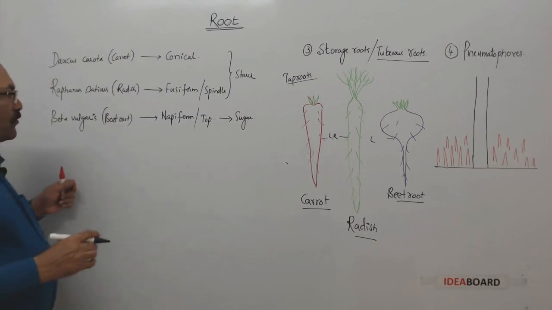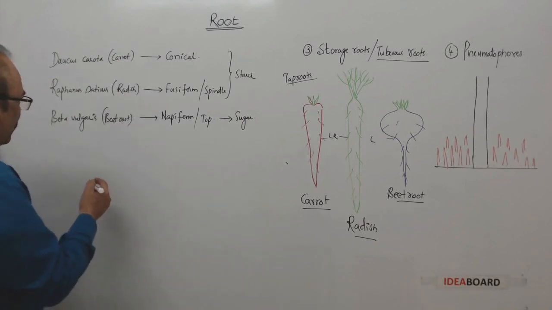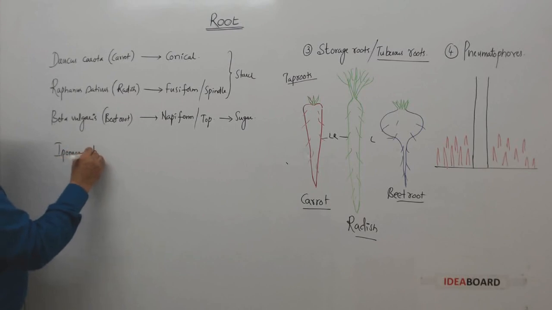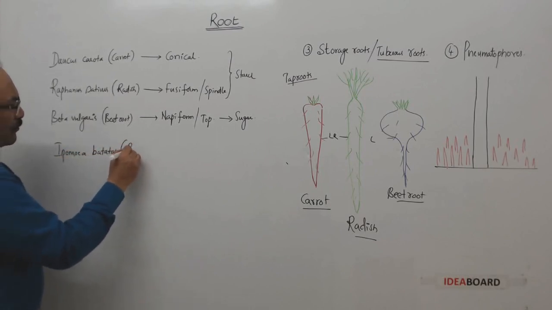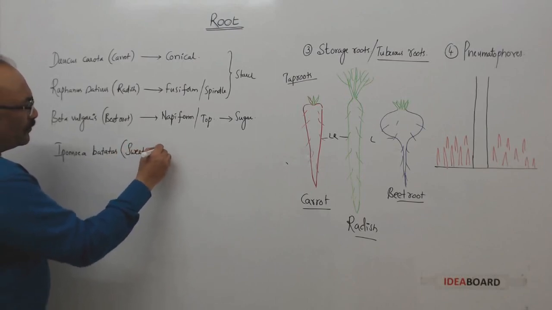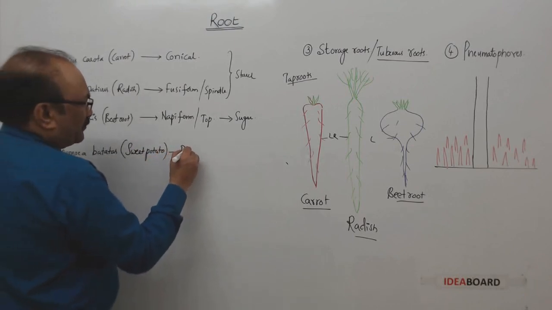But we have some other plants like Ipomoea batatas, which is commonly called sweet potato, a dicot plant.